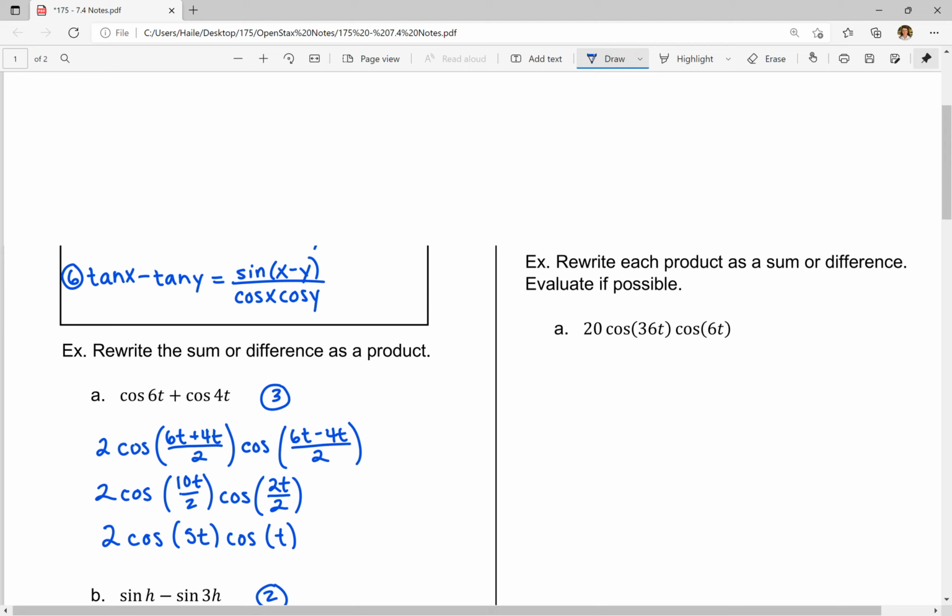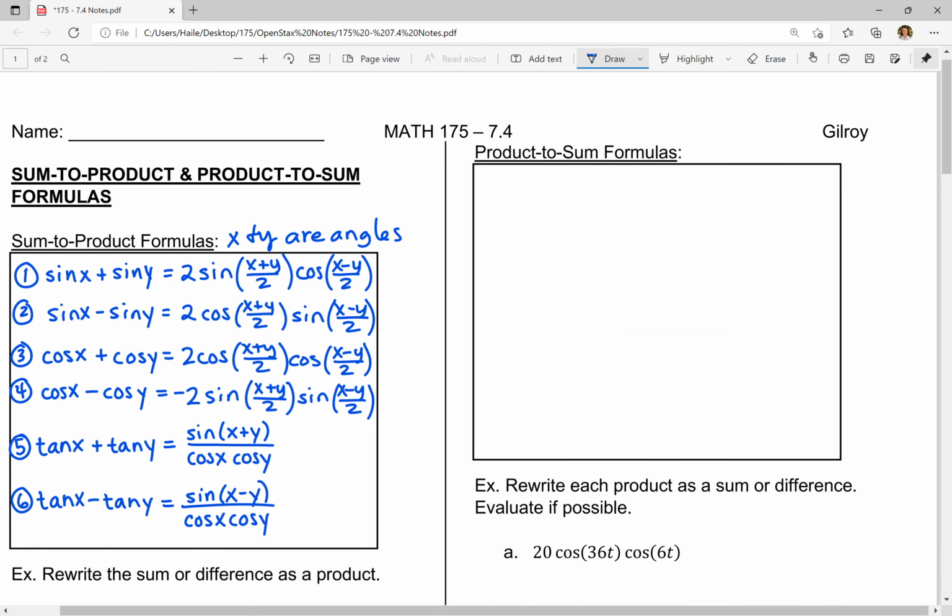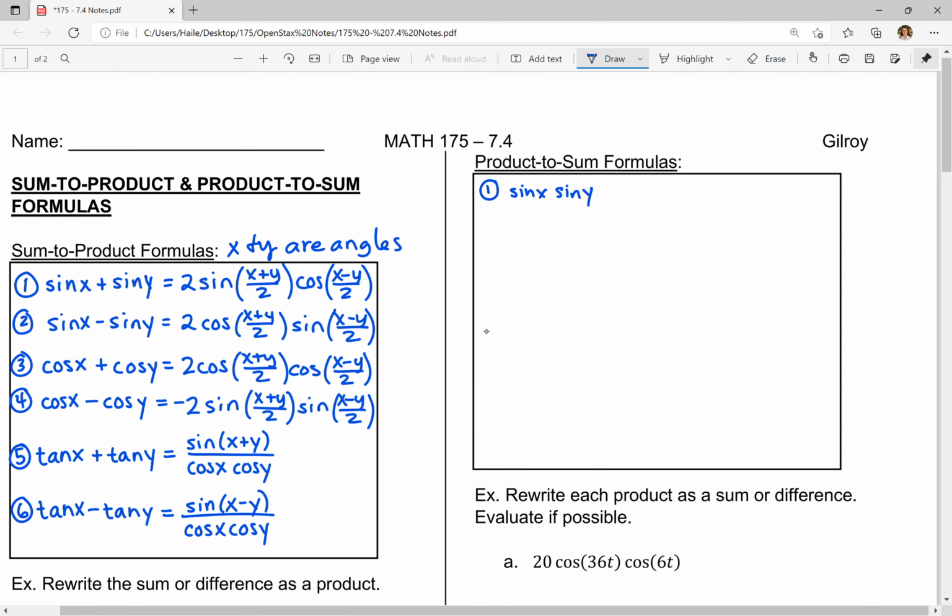Okay, so what if we go the opposite way? What if we start with a product and want to go to a sum? Once again, we have a few different formulas for this that we're just going to go through really quick. So first of all, if I have sine of x times sine of y, that's going to be equal to 1/2 times cosine of x minus y minus cosine of x plus y.